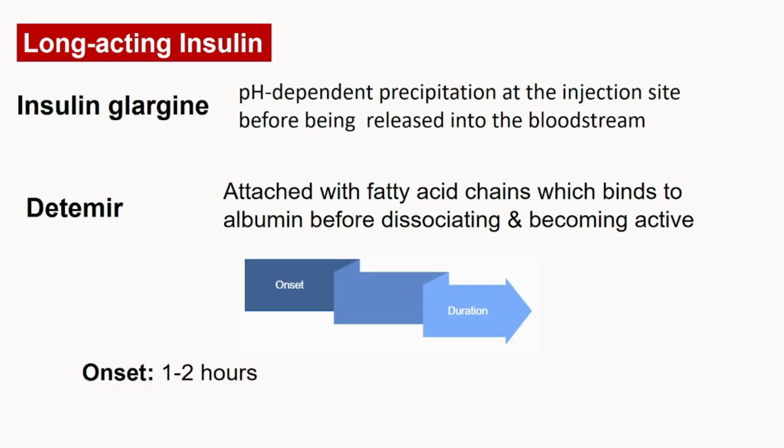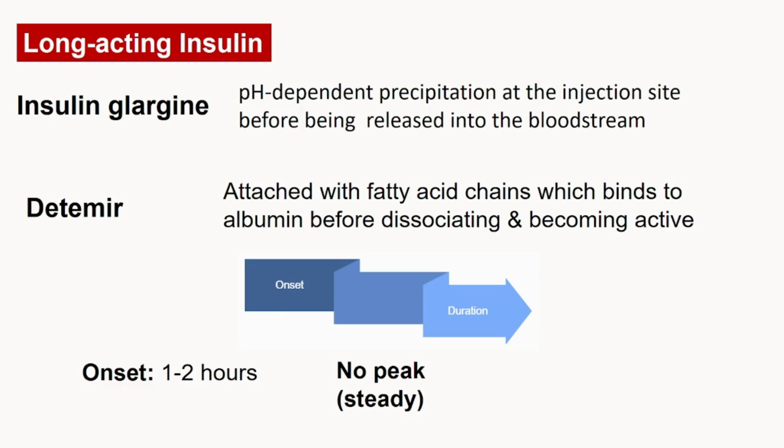So for long-acting insulins, onset is about 1 to 2 hours. However, they do not have a peak effect because they have a steady action of the drug. Having no peak effect is advantageous in many ways, such as being less likely to cause hypoglycemic side effects.